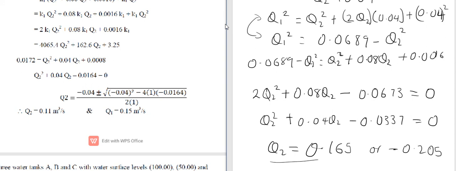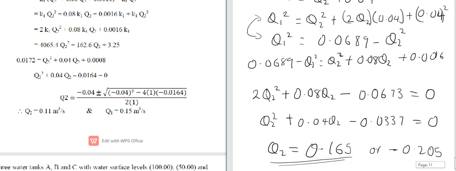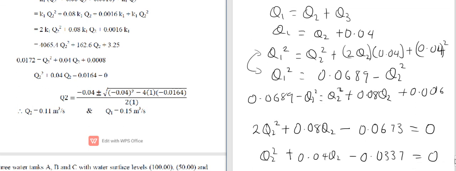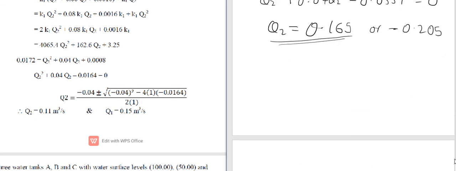So we pick the positive answer, 0.165, and then we solve for Q1 from this equation. Q1 is equal to Q2 plus 0.04, which is 0.165 plus 0.04.